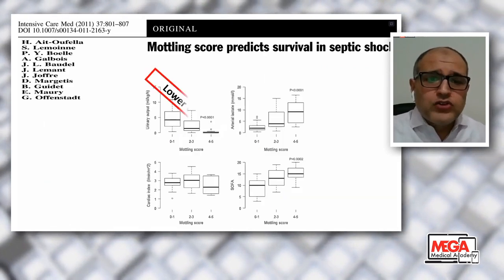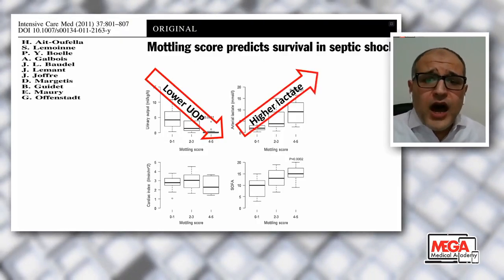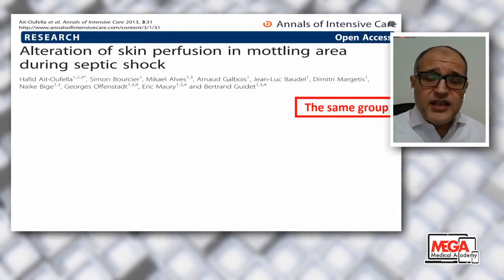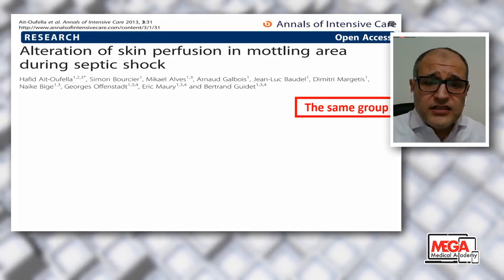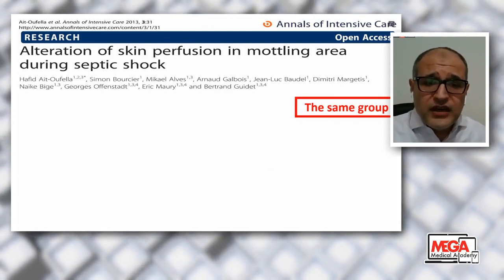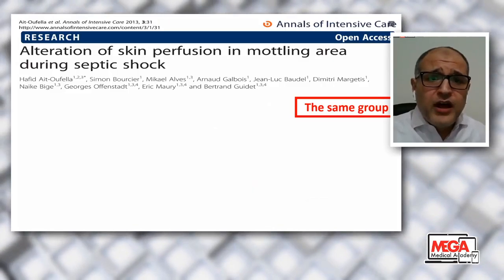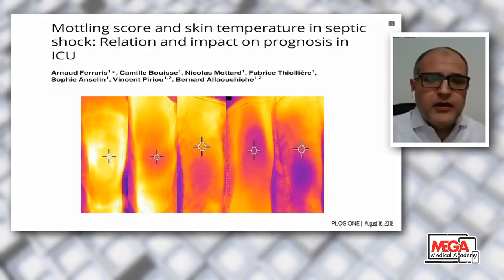They found also that increased mottling is associated with lower urine output, higher lactate, and higher SOFA score. The same group found decreased skin perfusion using the laser Doppler, and another group used the thermal camera and found that the mottling score reflects the perfusion of the skin.